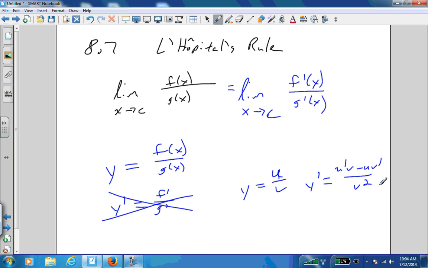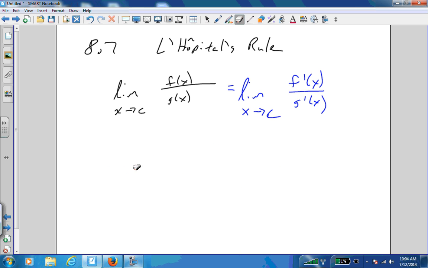So we're not saying that the derivative is the derivative of the numerator divided by the derivative of the denominator. We're simply saying that the limit, the value that we approach, can be found by taking the derivative of the numerator and the derivative of the denominator.